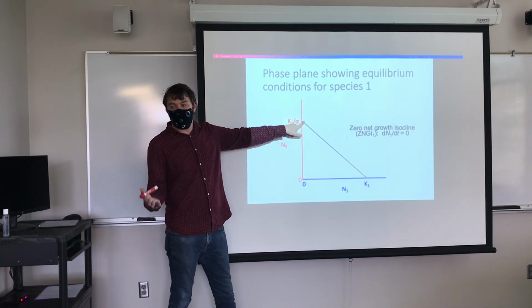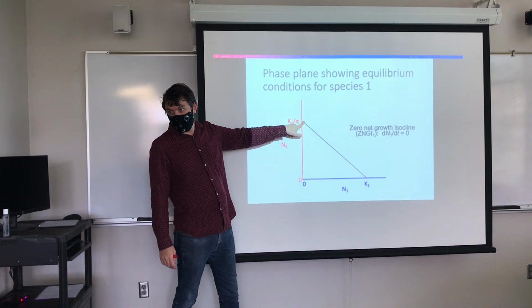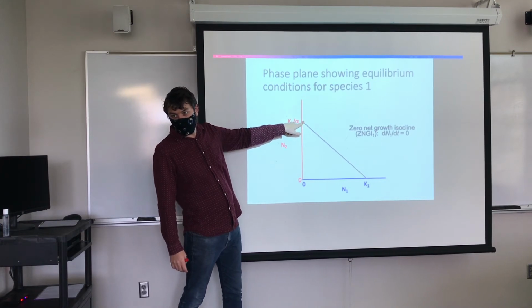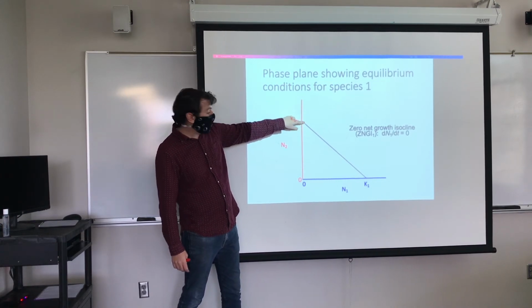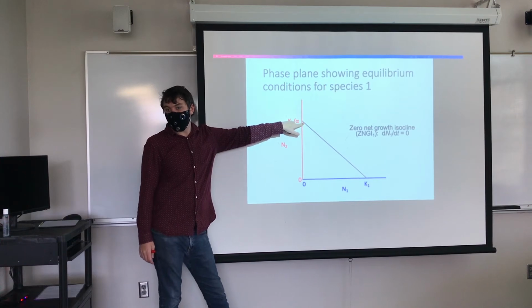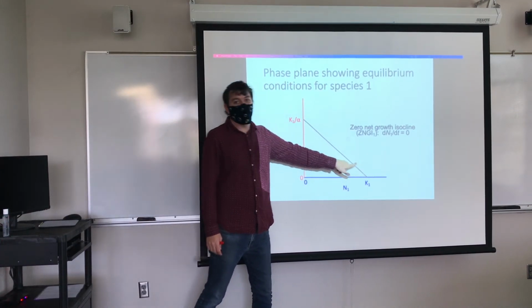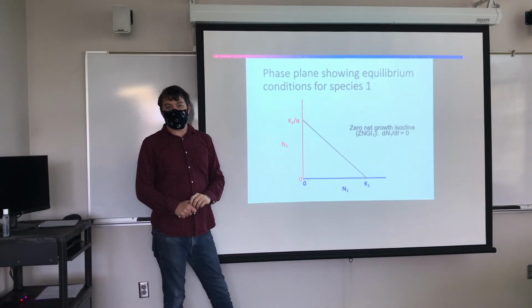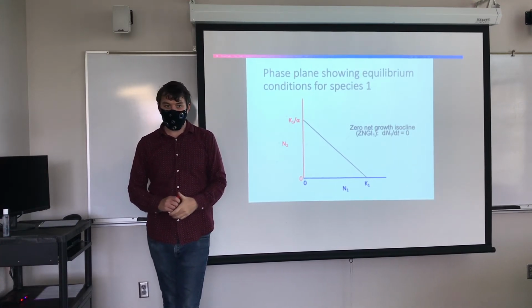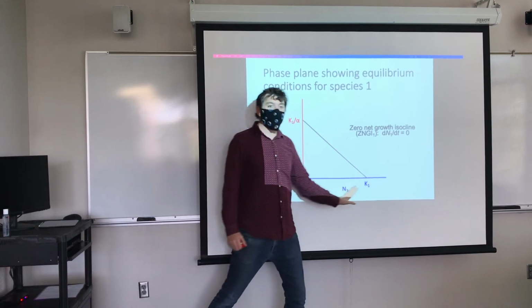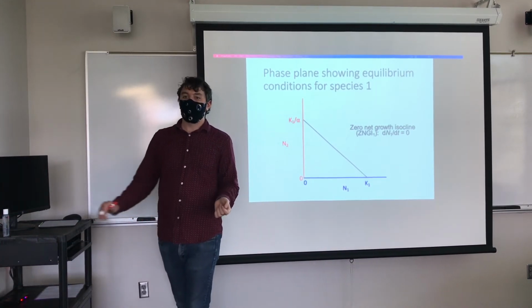What's happening to the population of species 1? Species 1 went down, all the way to 0. Exactly. It's extinct. What does this line represent then? All possible combinations of species 2 and species 1 that result in what?